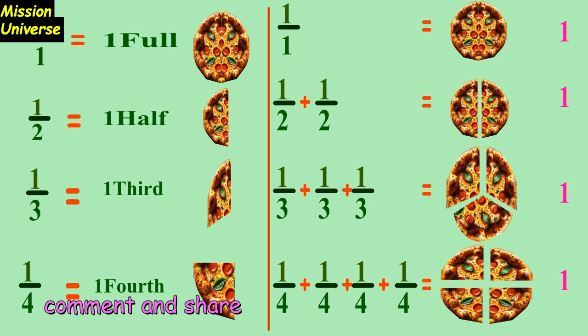That means if you add 1/3 plus 1/3 plus 1/3, it will become 1 full unit. And 1/4 plus 1/4 plus 1/4 plus 1/4 is equal to four 1/4 pieces of pizza. It means if you add them, it will become 1 full pizza.